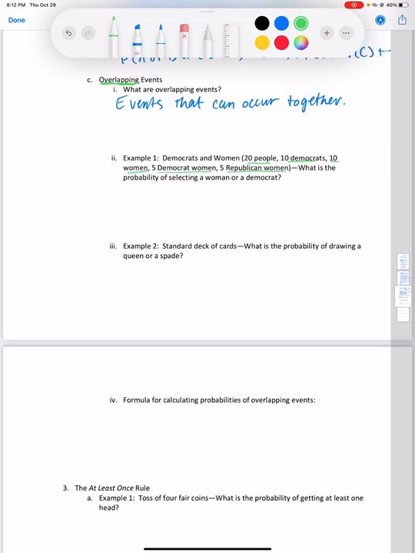What is the probability of selecting a woman or a Democrat? Okay, so this is the or. We need to think about a woman or a Democrat. So let's go ahead and write down a probability. We're translating our situation into English.